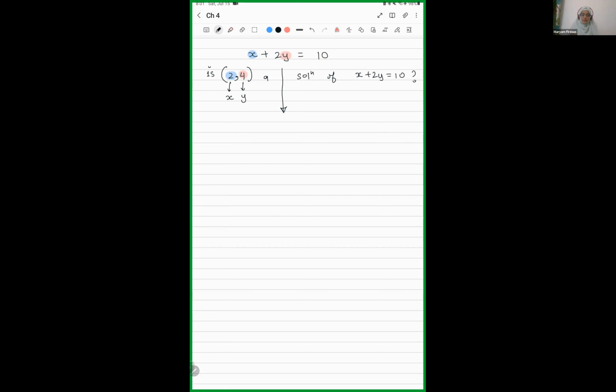Solution means when you put this value of x and y in the equation, your LHS should be equal to RHS. That is what solution means.